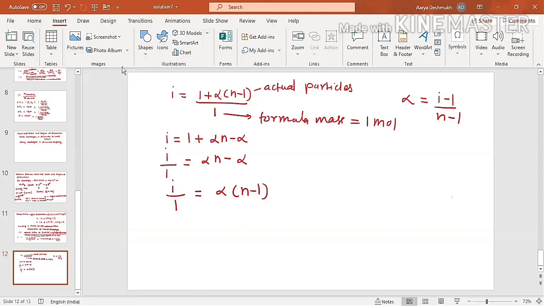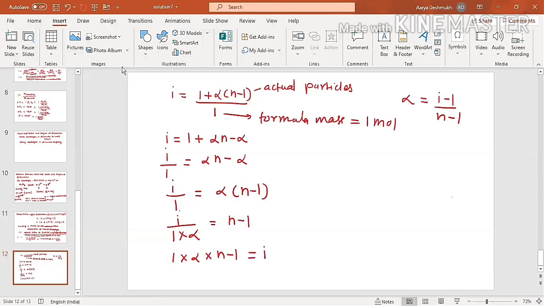Next, you can write for this same, i upon 1 into alpha, bringing this from here to there: 1 into alpha equals n minus 1. Isn't it? Now you can write this further, 1 into alpha into n minus 1 equal to i.